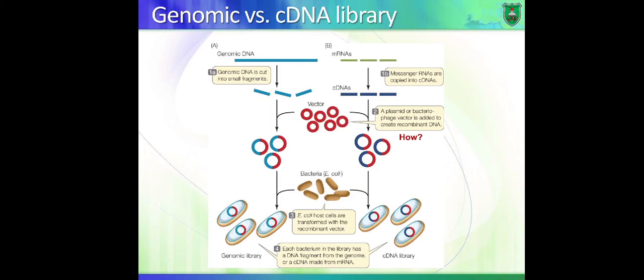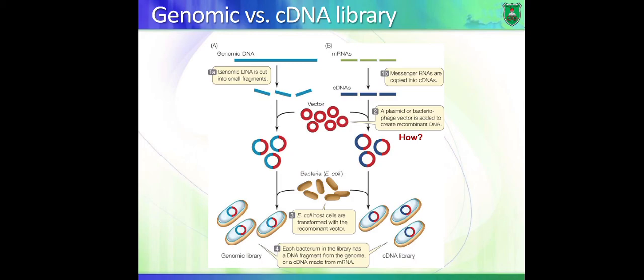The first one is known as a genomic library, and the other one is known as a cDNA library. A genomic library is basically, we take a whole genomic DNA, the whole DNA of a human cell or cells, and we fragment it into smaller pieces, and we place each piece into a plasmid. So now each plasmid contains a specific piece of DNA. And then we take these plasmids and we put them inside bacteria.